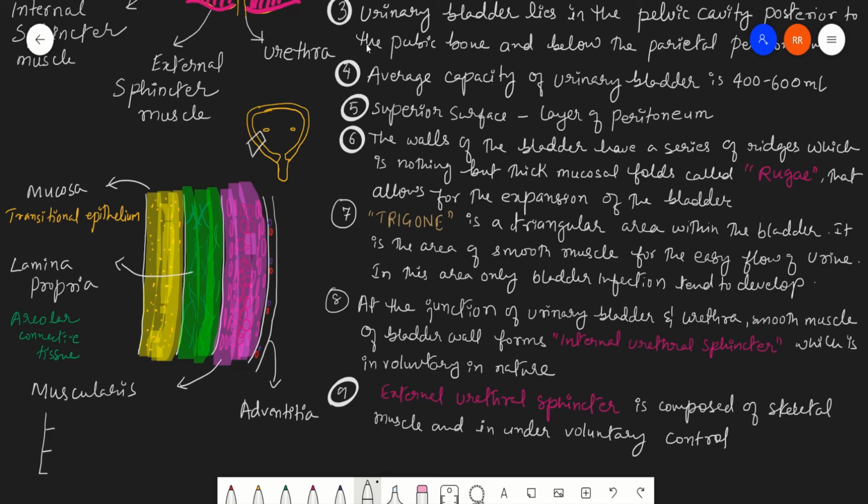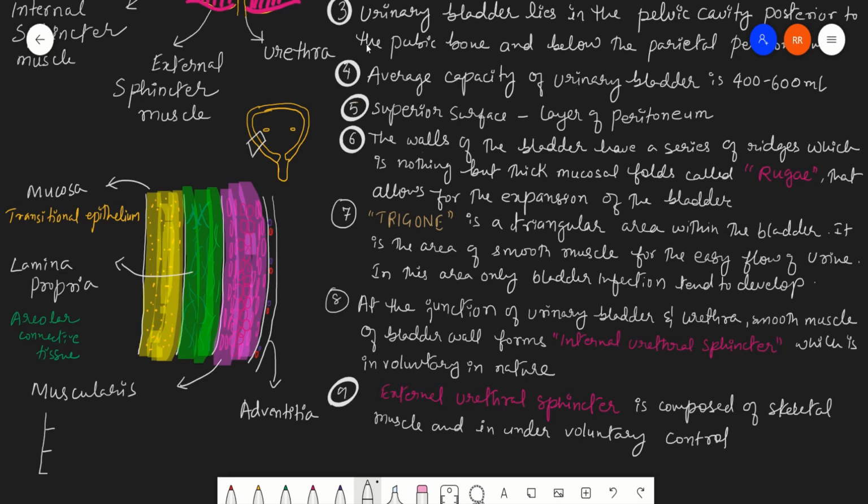The mucosa is composed of transitional epithelium, which helps in stretching during the filling of urine. And then the next layer, the lamina propria, basically consists of areolar connective tissue, just like the ureter, with some amount of collagen and elastic fibers and lymphatic tissues.